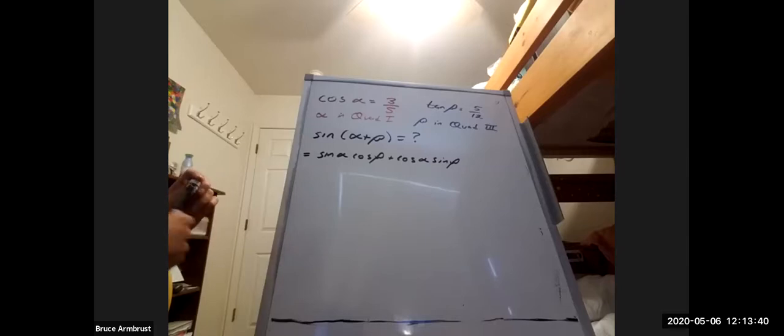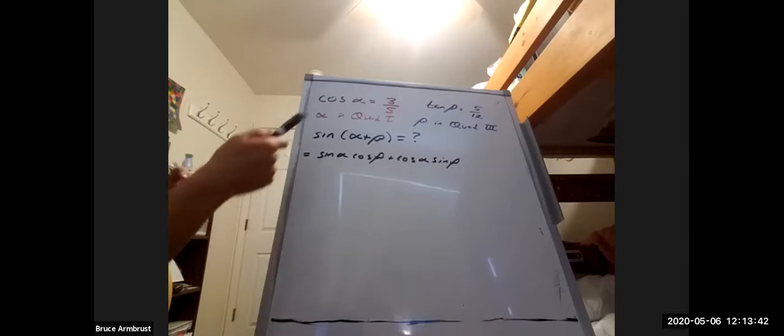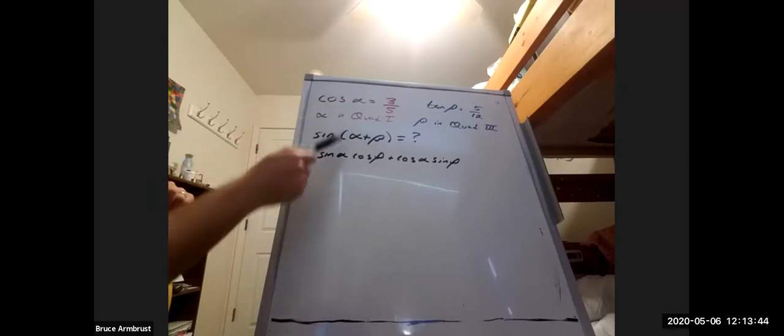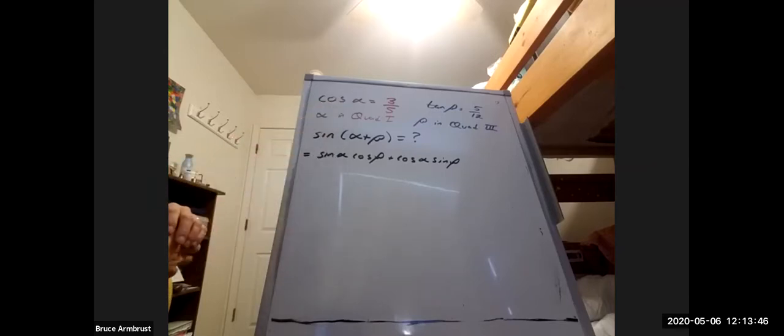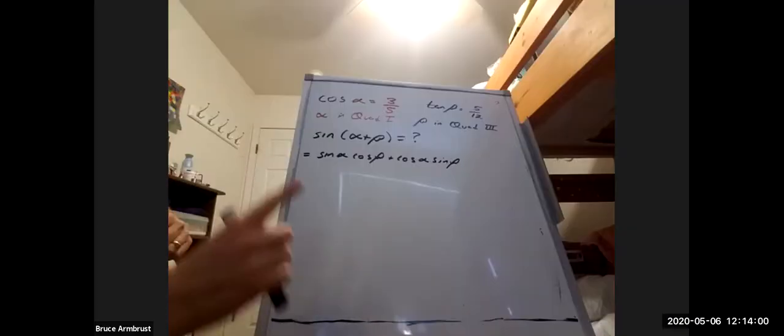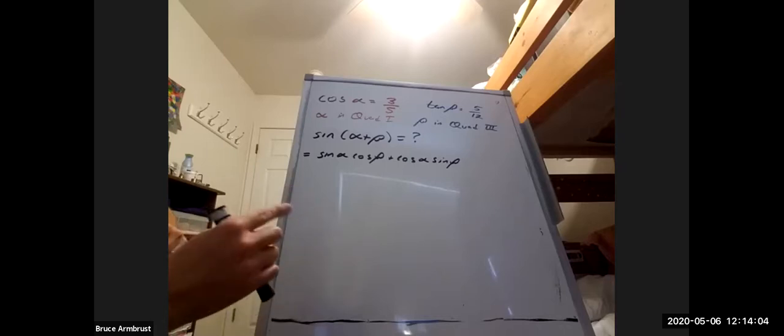So let's start with alpha. I know cosine of alpha, but I don't know sine of alpha. Are we able to get sine of alpha knowing its cosine? Yes, that should be a quick yes, because we've seen that if you know one trig function, it doesn't matter which, you can get all the rest.